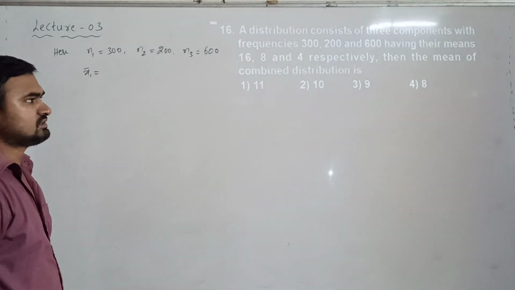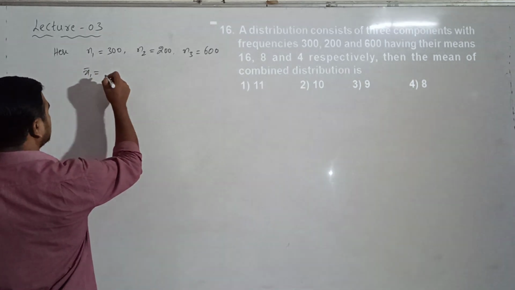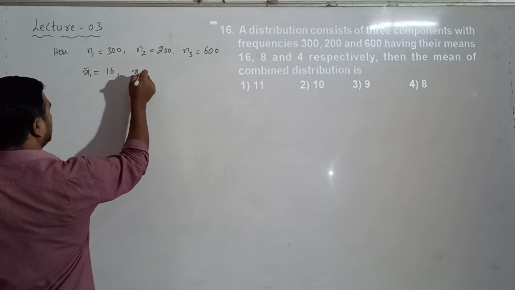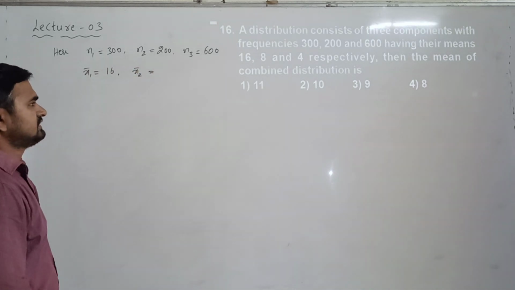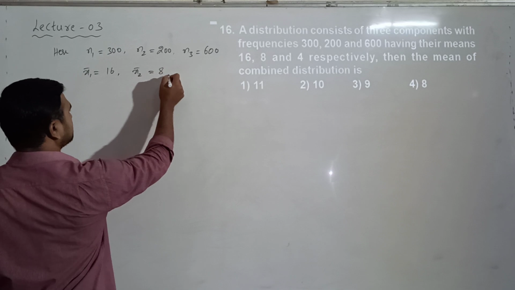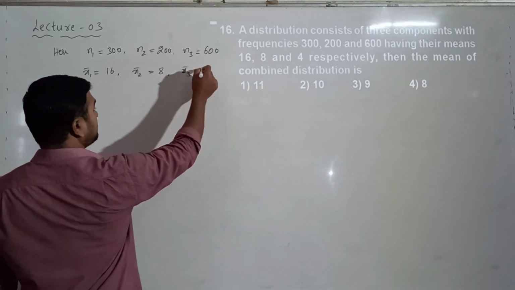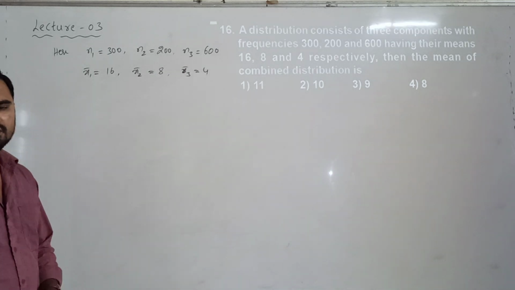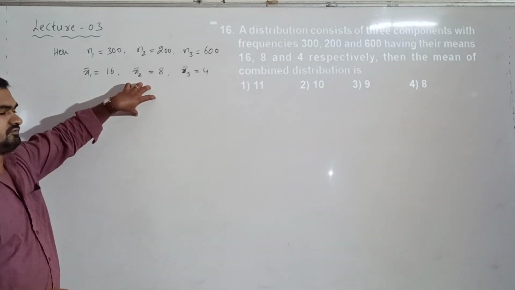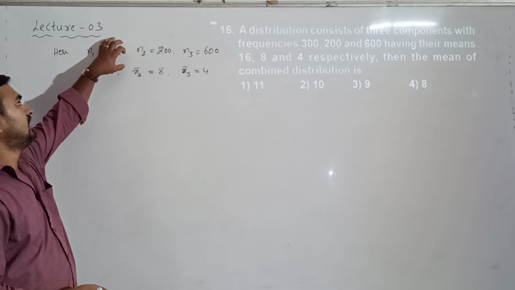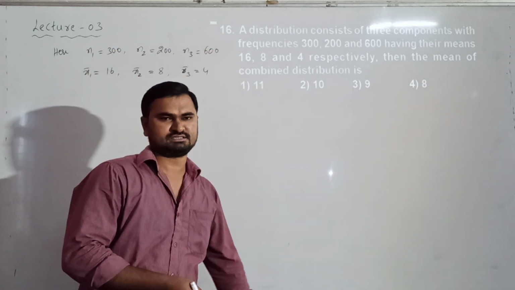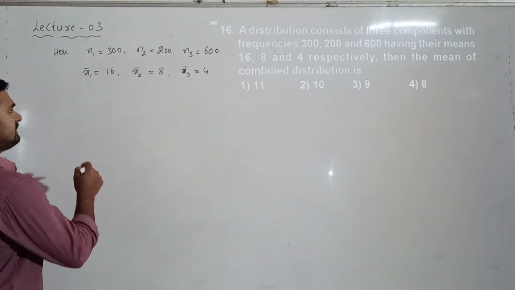So mean of first component x1 bar is given 16. Mean of second component x2 bar is given 8, and mean of third component x3 bar is given 4. So we know the means of these three components and their corresponding frequencies. Now we want to find the combined mean.